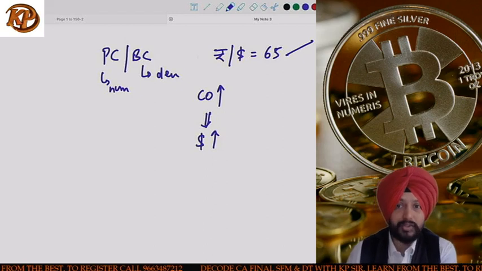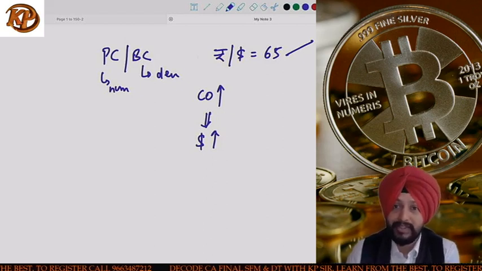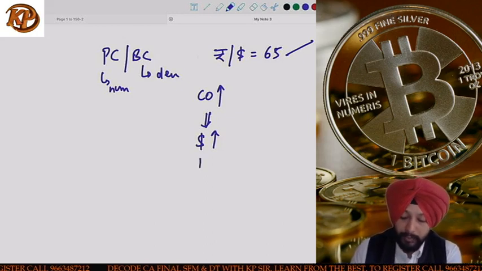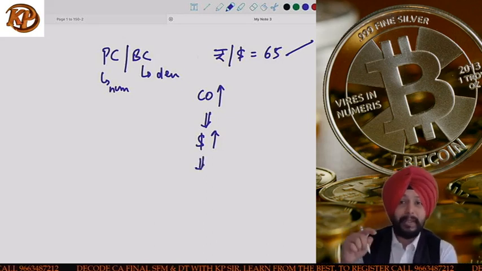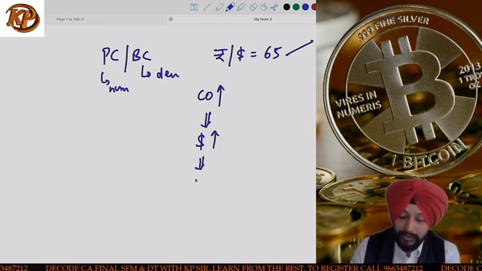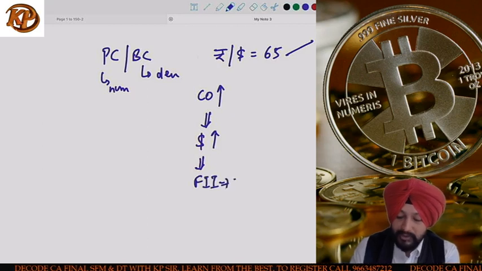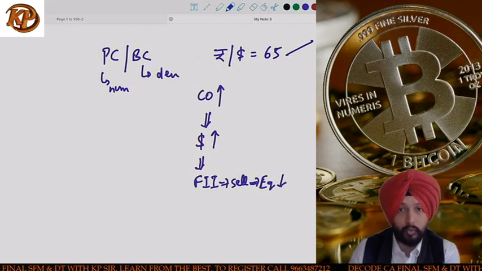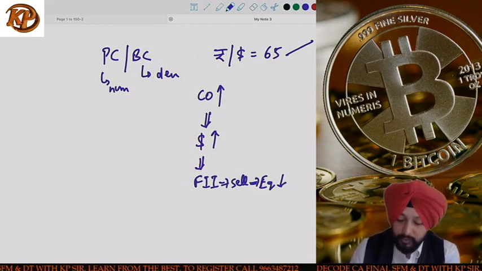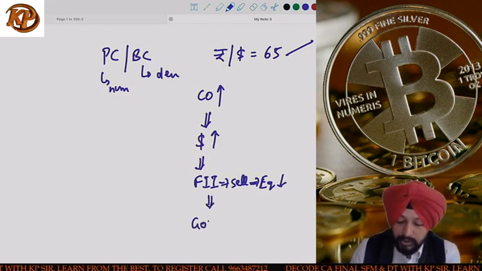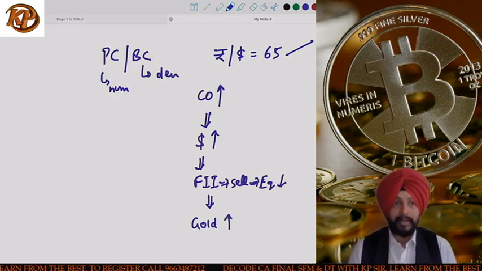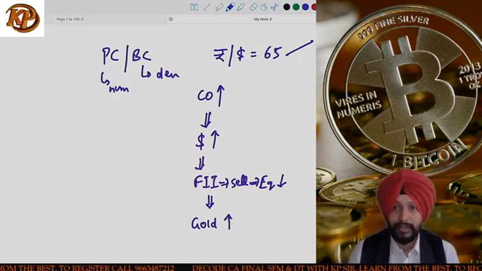Sir, why? Because crude oil is purchased in dollars, so the price of dollar will also go up. If dollar price goes up, then people who have invested in Indian equity markets, that is FII, will start selling, and if they sell, then equity markets will start going down. When equity markets start going down, people will start investing in gold, and accordingly gold prices will go up. That is the common relationship.